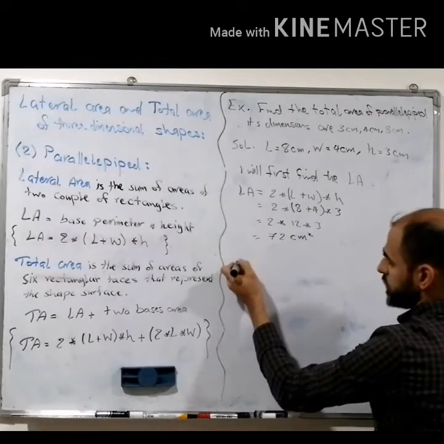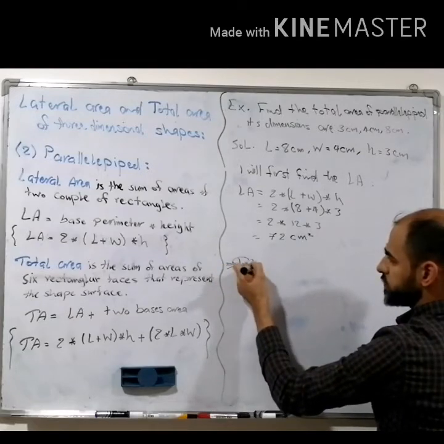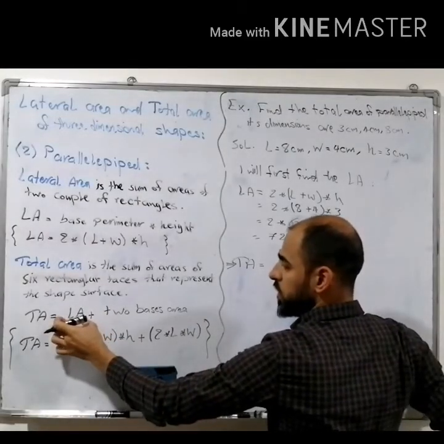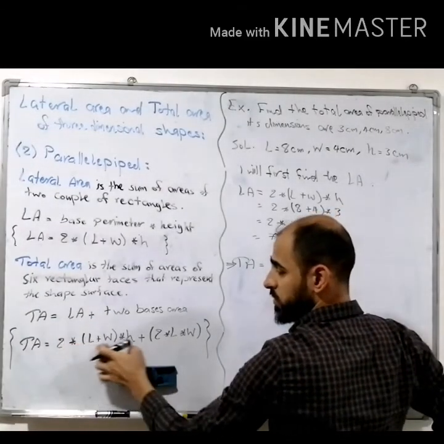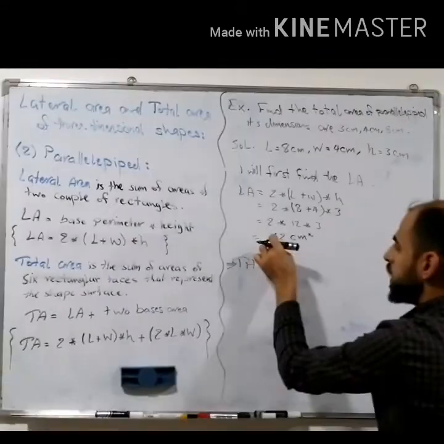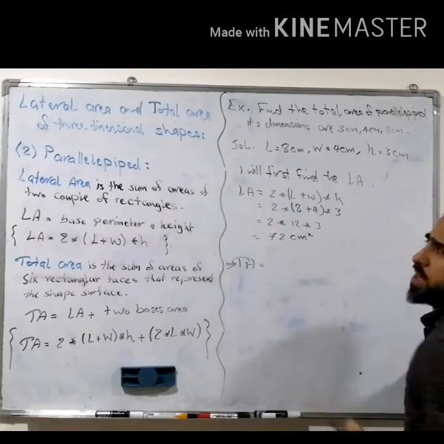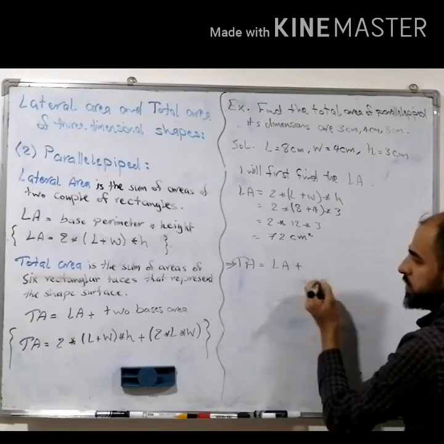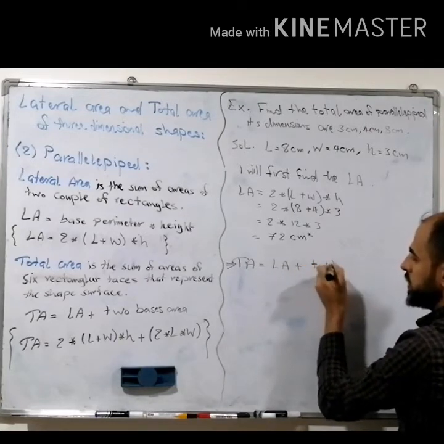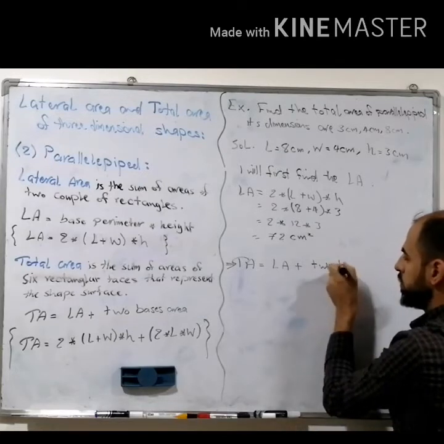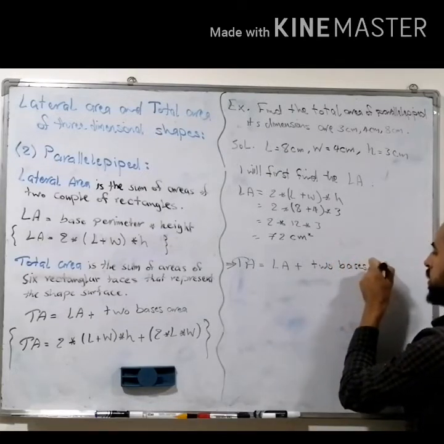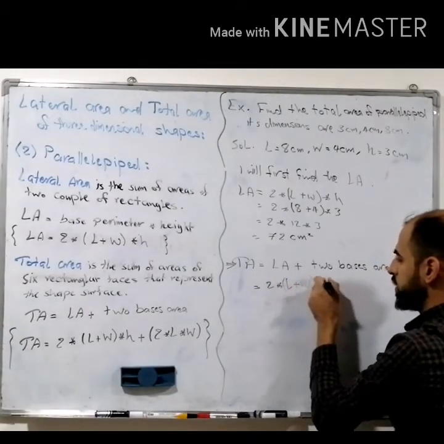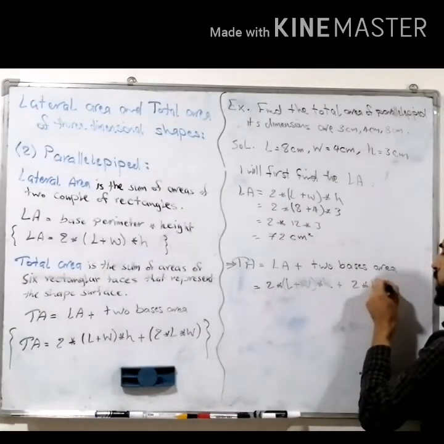So to find the total area, we can write the law and substitute, or instead of substituting the first part, we can directly substitute 72 because we found it in the first step. Okay? So it is the lateral area plus 2 bases area, which is 2 multiplying by length plus width, multiplying by height, plus 2 by length by width.